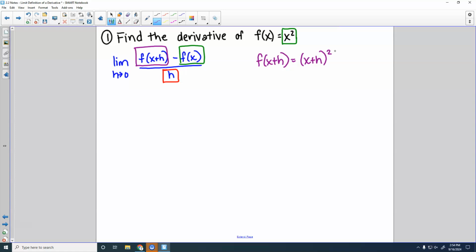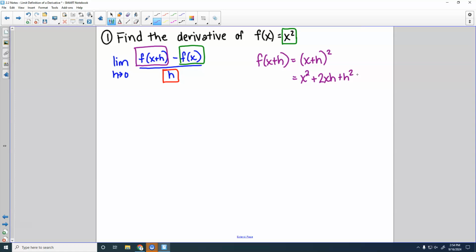And you're going to need to multiply that out, so I'm going to go ahead and do that. We can square, double, square. So x squared is x squared. To double the middle, we'll do x times h, and we'll double it. We'll get plus 2xh, and then square the last, plus h squared.